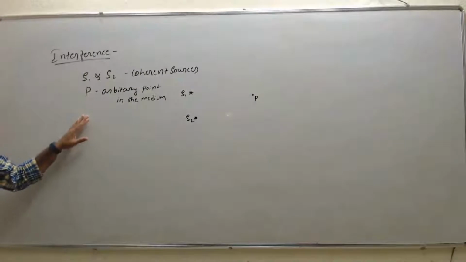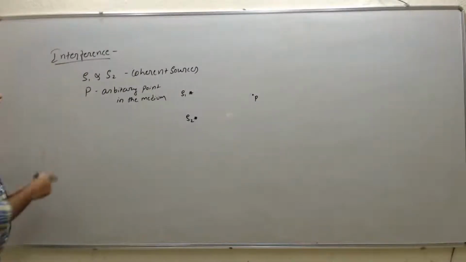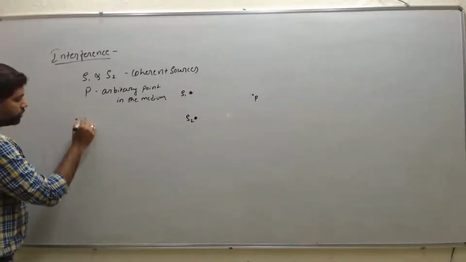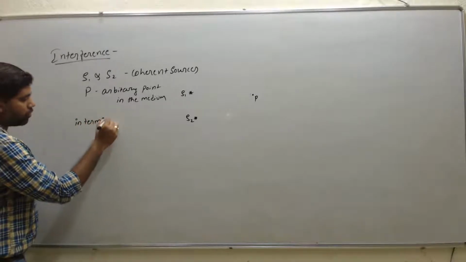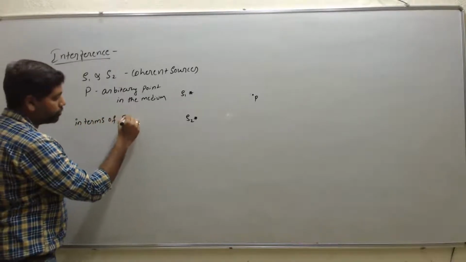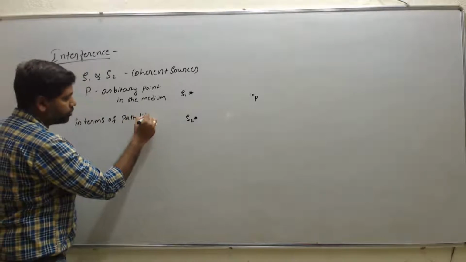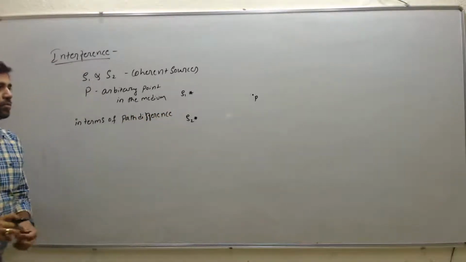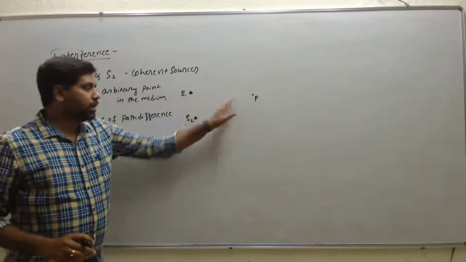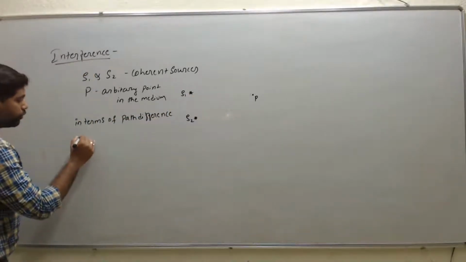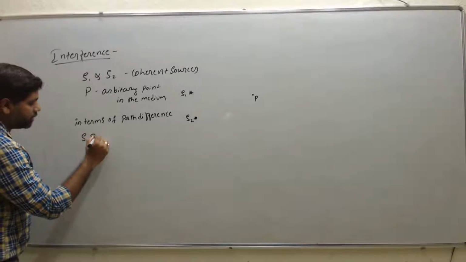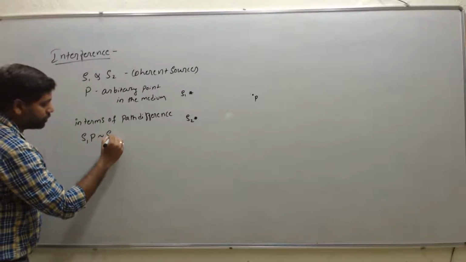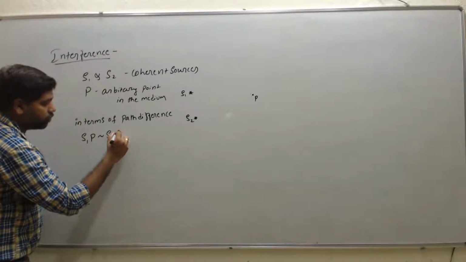So in terms of path difference, we will write path difference, that is S1P minus S2P, the difference of S2P.